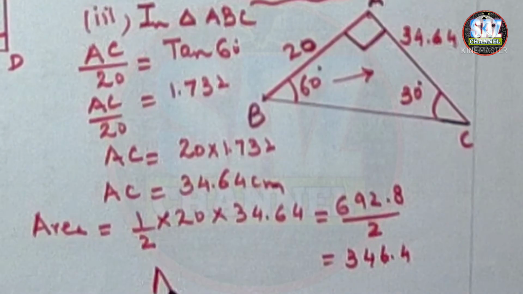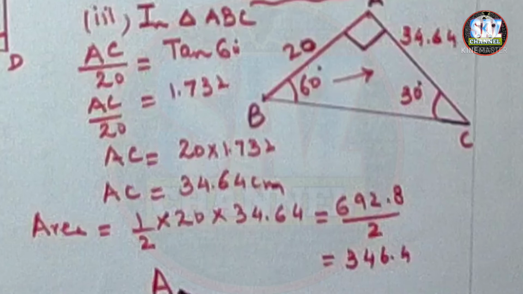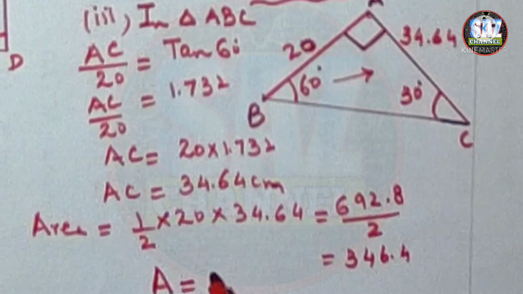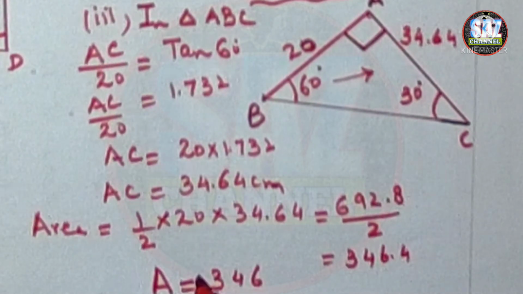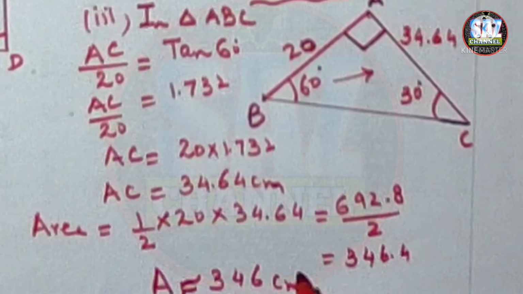So the area of the triangle will be equal to 346 centimeters square approximately.